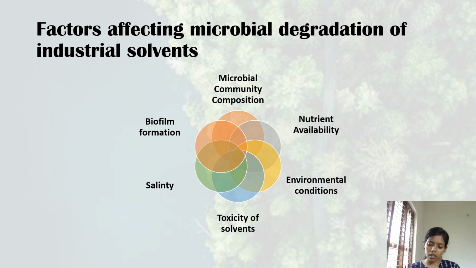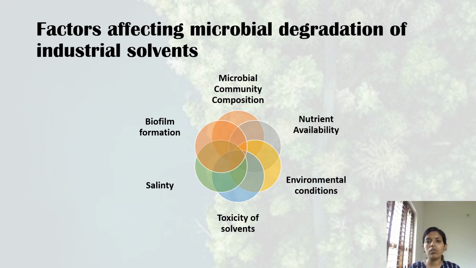Only if the surrounding has sufficient macronutrients and micronutrients could the degradation of the industrial solvents be possible. Macronutrients such as nitrogen, phosphorus, etc. are required for the growth and metabolism of microorganisms. Only if they are present in sufficient amounts can these microorganisms degrade the toxic compounds.